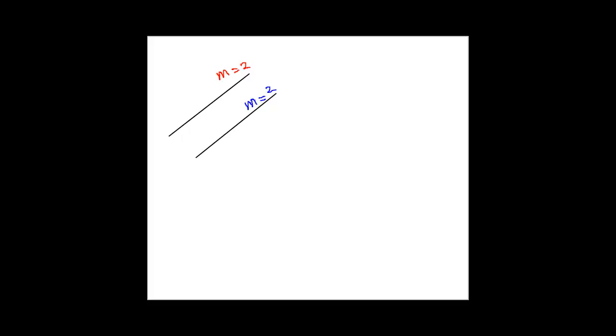How about if two lines are perpendicular? If two lines are perpendicular, what is the relation of the slopes? Sandra, do you remember? Negative. Isn't one going to be negative? If the slope of the first line is A over B, Sandra, what's the slope of the second line? You said negative.